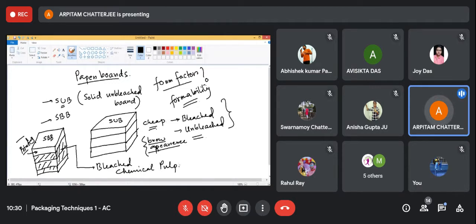Okay, so one of the good examples is, if you see the medicine boxes, okay, when you buy some syrup or something, that box that you get, you will see it is quite white in color in general.